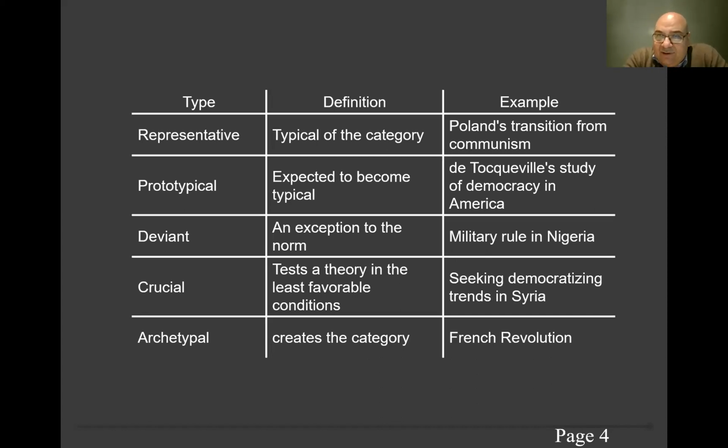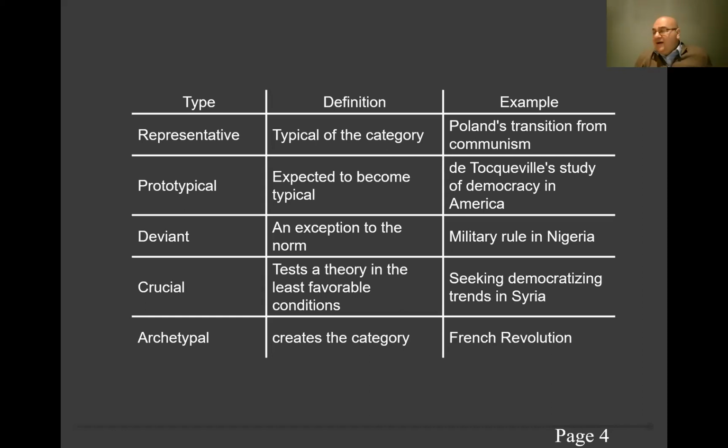It's something important. But in the 1830s, 1840s, there was no democracy to compare. That's why focusing on America may be a good idea to discuss the merits of democracy. It was the prototypical. Another example, reason for using case studies is the deviant case, an exception to the norm.